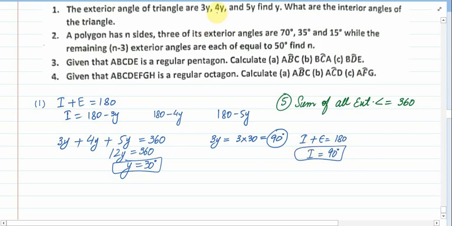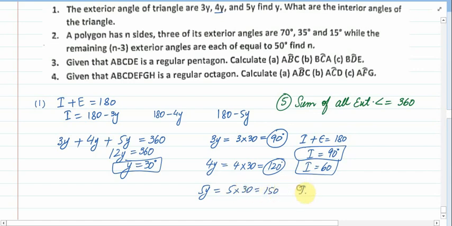If the exterior is 4y, that means 4 into 30, it's 120. If exterior is 120, that means interior is 60. You need to subtract it from 180. For 5y, 5 into 30, that means 150. If the exterior is 150, that means the interior is 30, and that is your first part answer.